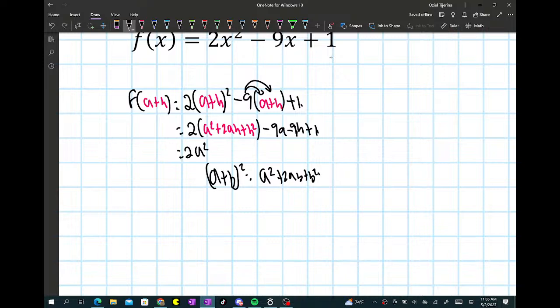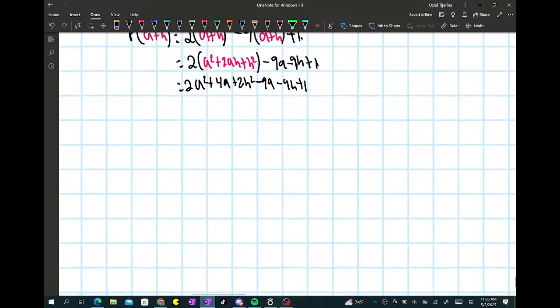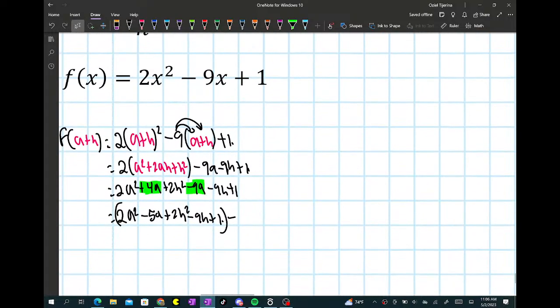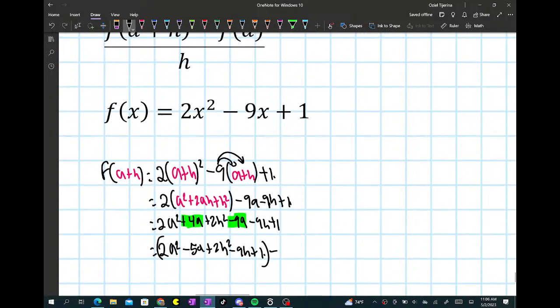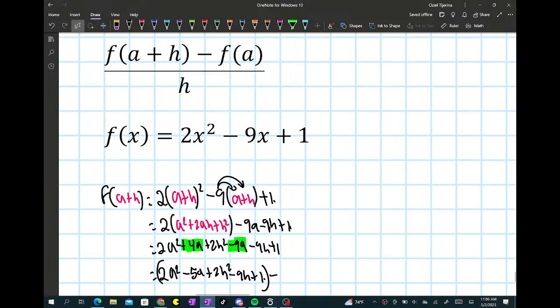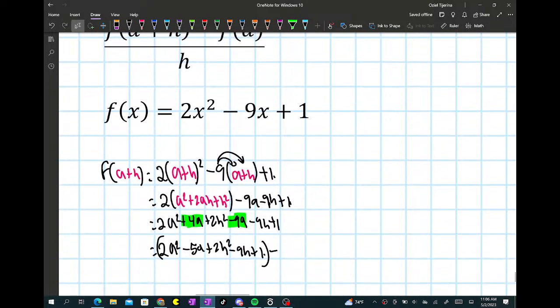This is 2a squared plus 4ah plus 2h squared minus 9a minus 9h plus 1, which is equal to 2a squared, and we have a 4a and a negative 9a, so that's going to be about minus 5a, and then plus 2h squared minus 9h plus 1, and then this is minus f of x, or f of a in this case.